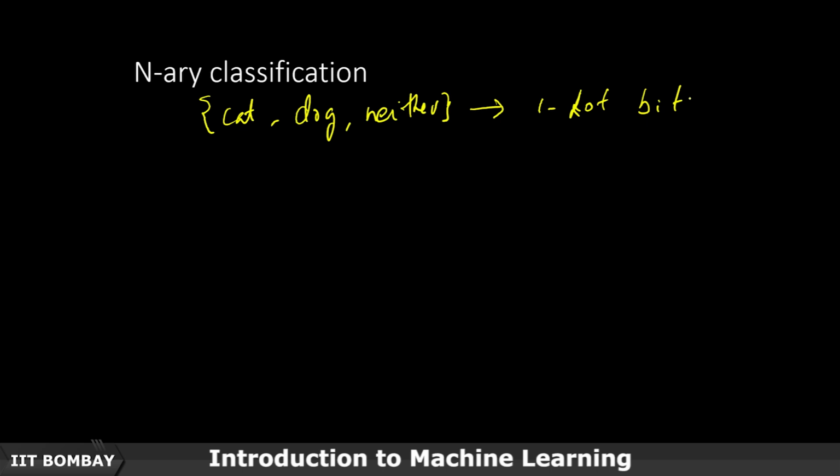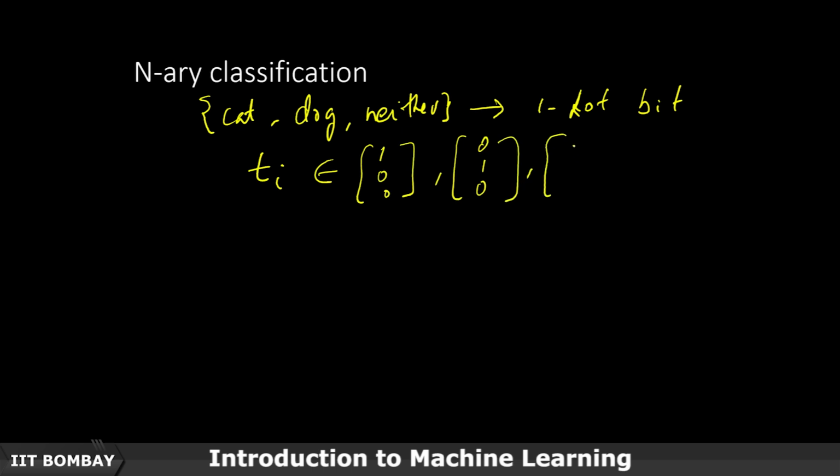So the first thing is about encoding Ti. Let's say for the ith input we have the target vector Ti, then it is going to be one of these vectors. It is either going to be 1 0 0, that means only the first class is present, or it is going to be 0 1 0, or it is going to be 0 0 1.